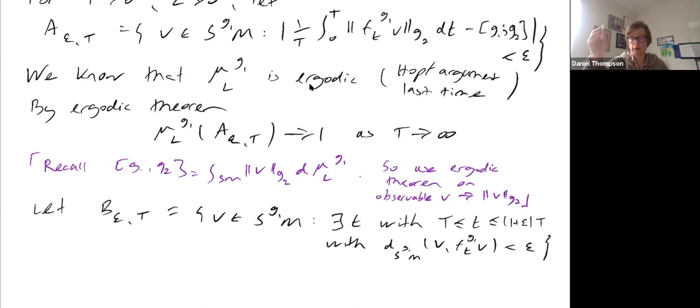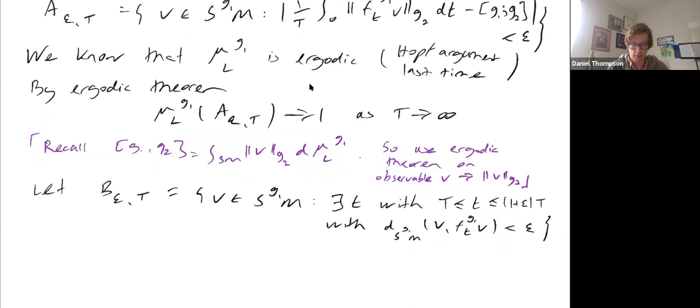So it's just like a recurrence set. Obviously just Poincare recurrence for an ergodic measure: there's going to be a full measure set, so things come back to themselves. This is very general, but I'm getting something a little bit stronger. I'm looking for points such that there's a time in this window, a big T up to a multiplicative factor times the big T, such that you get this recurrence back to itself.